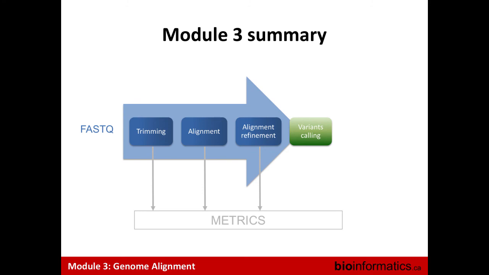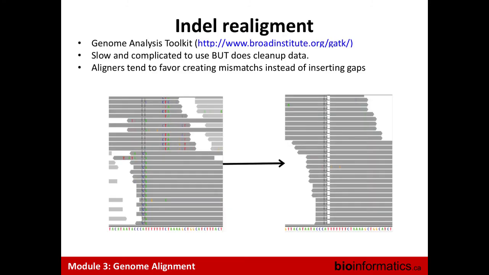To increase the quality of your information, we need to refine and rework this alignment. The first thing we'll do is look at indel realignment. This is a typical example because most aligners have more penalty to create indels than to create mismatches. So in some cases, some indels will be missed, and you will see a lot of mismatches in a region where you don't expect so many.